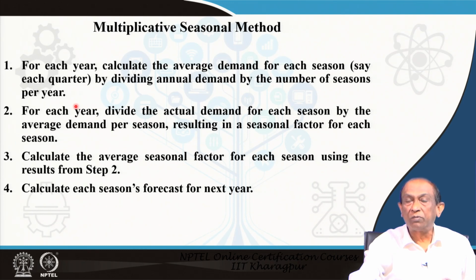So, if the season extends over a quarter, this value will be 4. For each year, divide the actual demand for each season by the average demand per season, resulting in a seasonal factor for each season. Then we will compute the average seasonal factor for each season using the results from step 2, and then we will calculate each season's forecast for the next year.